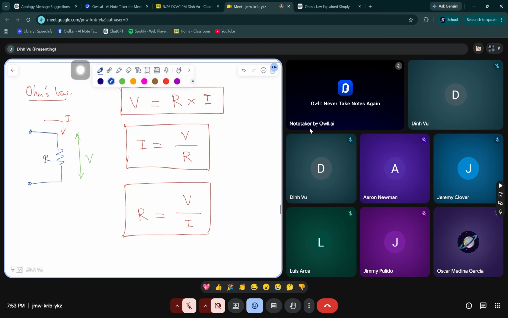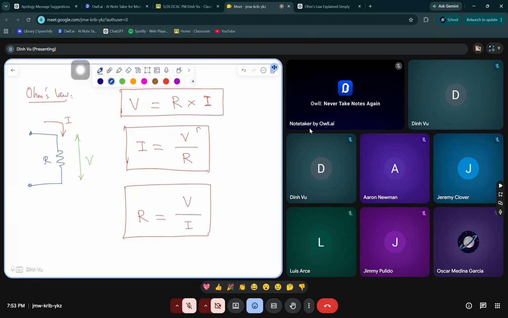Okay. So in this formula, V is the unit volts, R unit ohms, and the current I the unit ampere. So these are the basic units. V in volts, R in ohms, current in ampere.